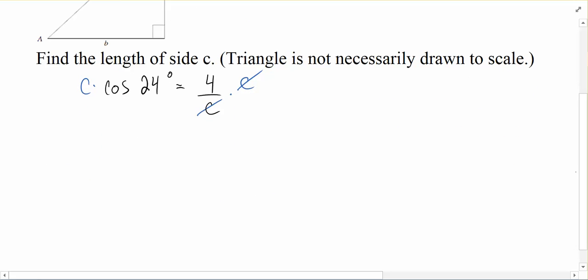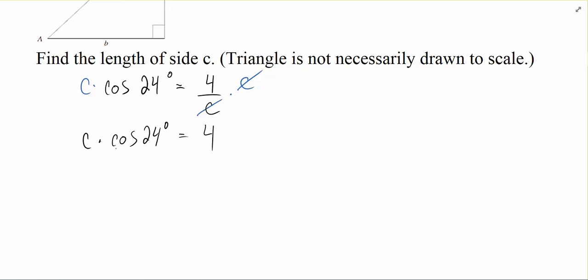But my goal is to try to solve for C. Let's go ahead and rewrite what we have right now. We have C times cosine 24 degrees equals 4. Now keep in mind that cosine 24 degrees is a number. We can't look at 24 as just a number because we're taking the cosine of it. We're applying this function cosine to it.